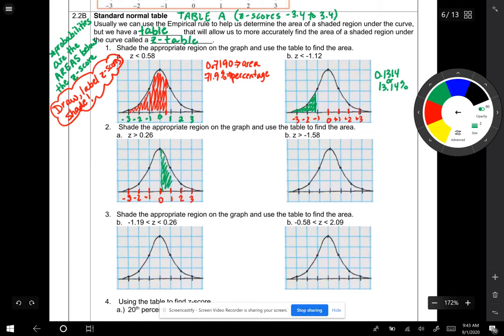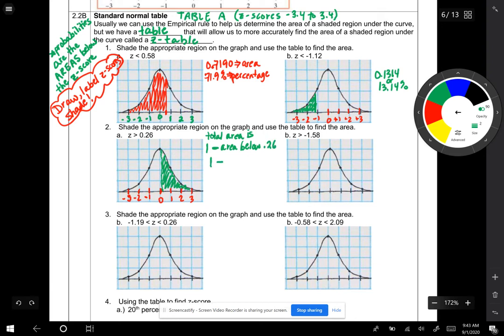So you're going to find this area. But remember, the table values are to the left of that. So you are going to have to subtract. The total area is 1 minus the area below 0.26.